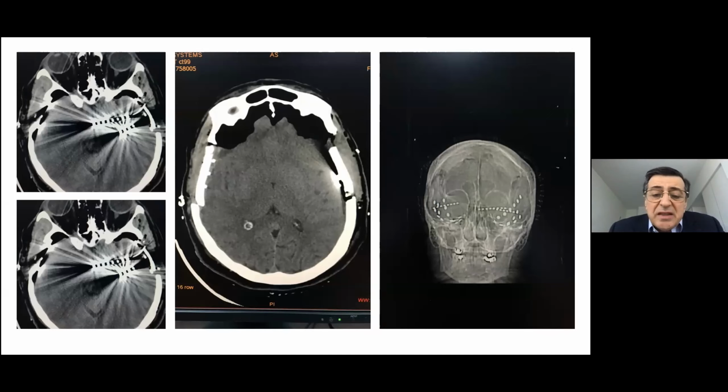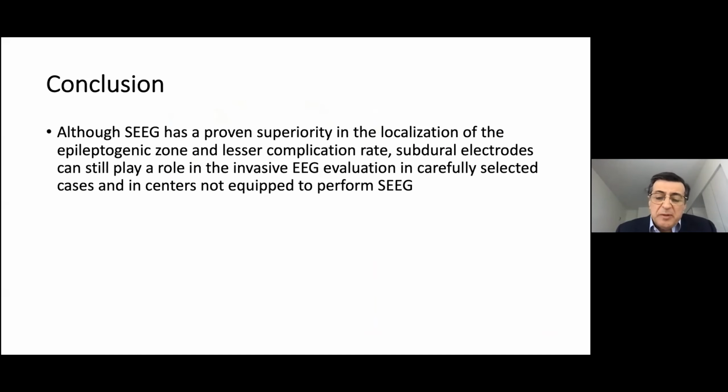These are the cases that I see in our region. Patients are being operated bilaterally. Subdural electrodes are being placed bilaterally with depth electrodes placed concurrently without proper guidance. And I hope that more surgical technique conferences will convince people that this should not be done anymore.